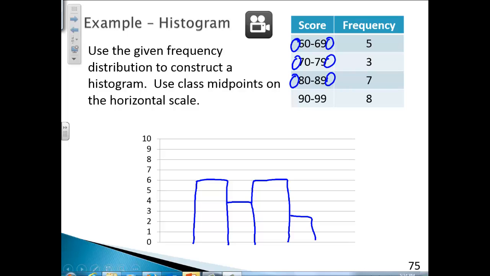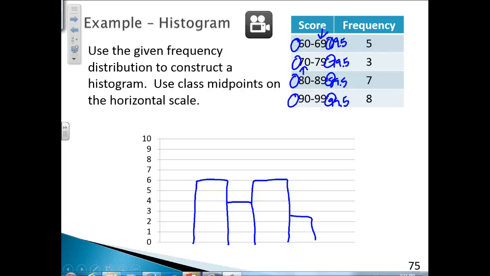We find those class boundaries by taking an upper class limit and a lower class limit, adding them together and dividing by 2, so that would be 69.5. And then 79 and 80 added together divided by 2 would be 79.5. We can follow that pattern to get 89.5 and 99.5.